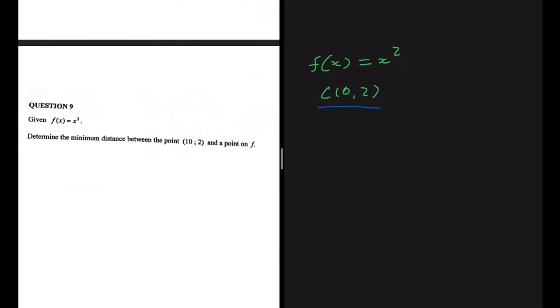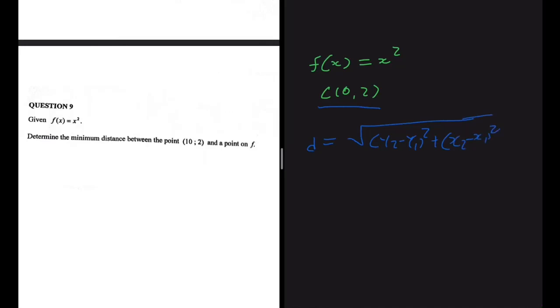Instead, let's do it for the function as a whole instead of doing point by point, because we'll never really reach the end, right? So if we do it for the function itself, we can say that the distance is equal to, we know fully well, the square root of (y2 minus y1) squared plus (x2 minus x1) squared. Distance formula, right? Grade 10, nothing complicated.